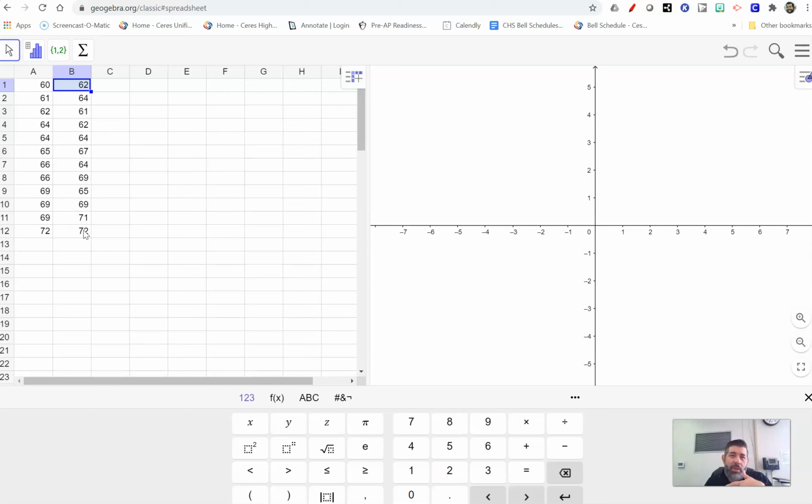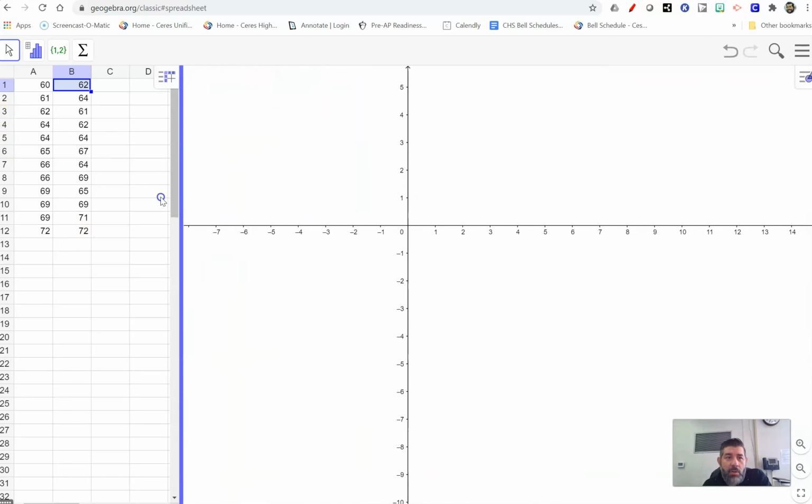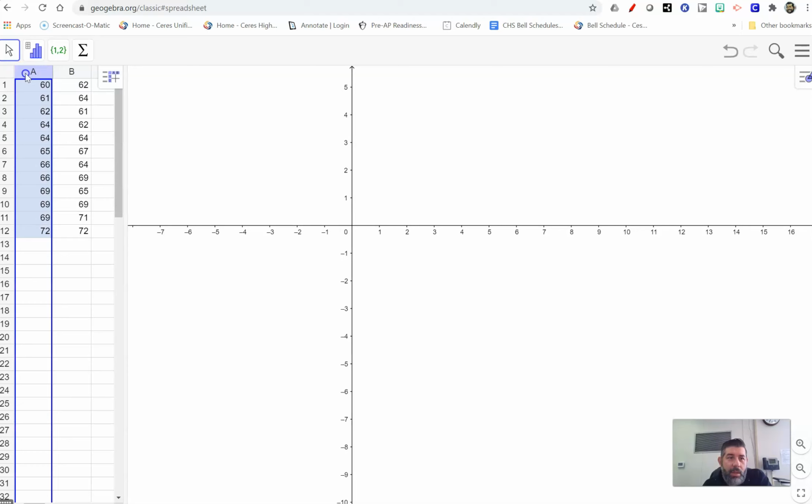So you have to know which one is going to be your response and which one's going to be your explanatory variable. Your explanatory variable, or your independent variable, is going to be on your x-axis. So that's going to go first in Geogebra, because you can't really label the columns.